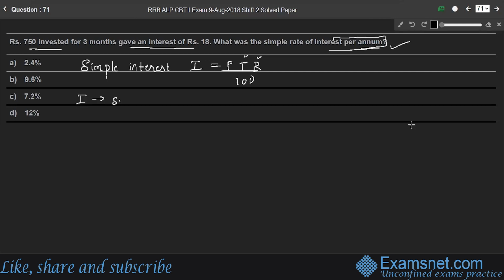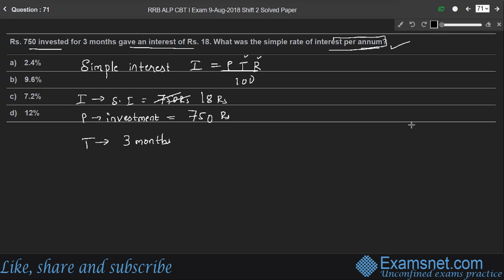I is the simple interest, and P is the investment here. So what amount is invested here? The simple interest given was 18 rupees, not 750 rupees. So 750 rupees is the investment, and the investment is for 3 months.